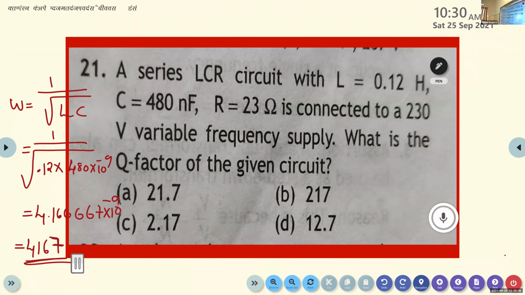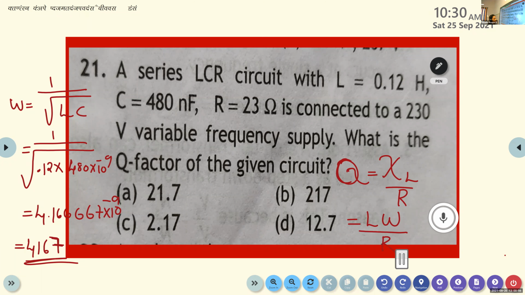Then how can we work out the Q factor? The equation for Q factor is X_L by R, where X_L is nothing but L omega.